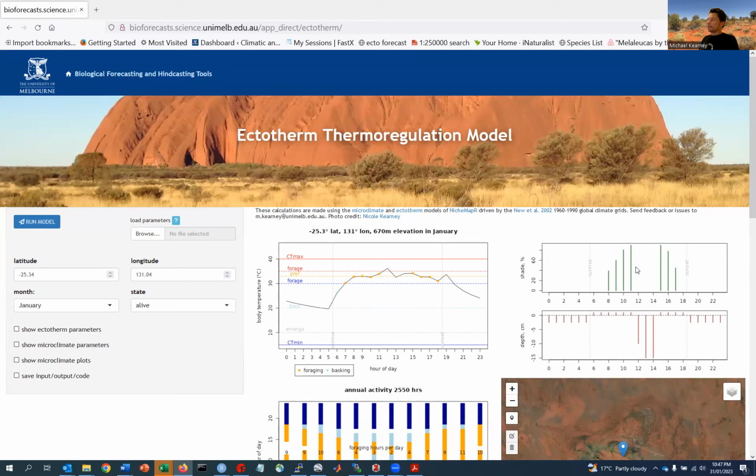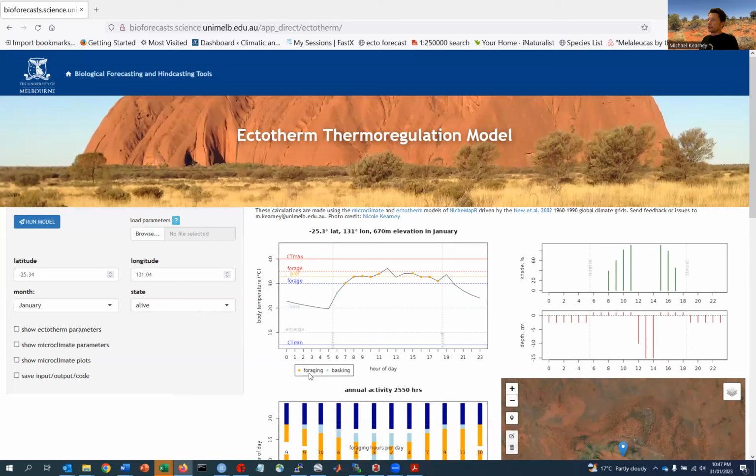But you can also see that during this gap here, it's gone underground again. It's gotten too hot in the middle of the day for it to be foraging, and it's retreated up to 15 centimetres below ground to get away from the heat. And if we look at this plot again, you can see these dots are showing when the animal was either basking or foraging.